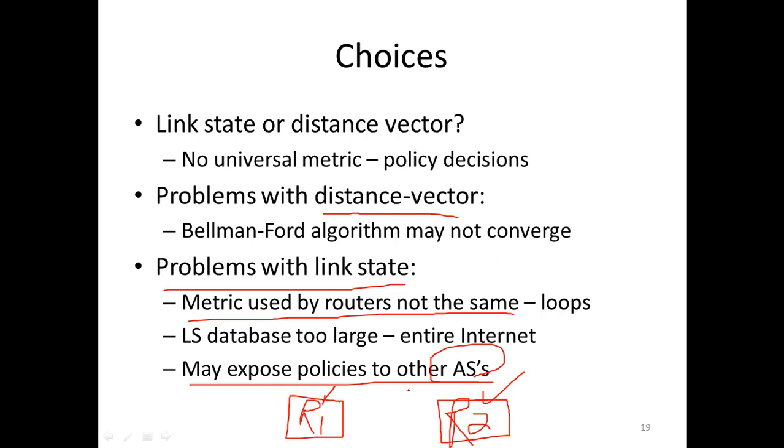So they will be sharing information with each other, but that is not a problem for us. The problem is when this information is shared with routers connected to some other AS. Let's say this is router 3 and this is part of another AS. The information will be leaked to that router. That is the problem with link state routing.